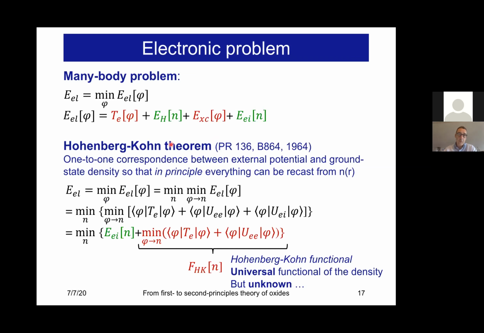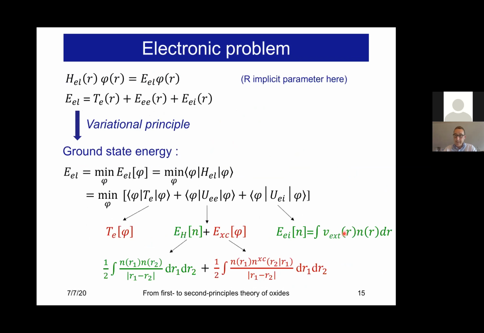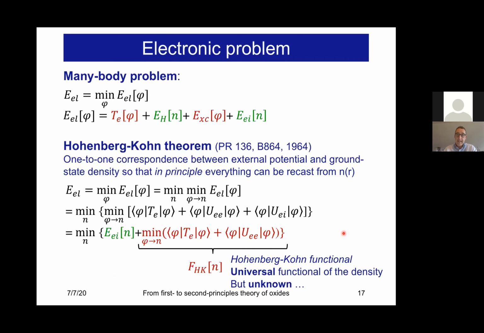1964, where I won't, of course, go through the demonstration of this, but what they were showing is that there is a one-to-one correspondence between the external potential in which the electrons are, so basically this Vx that is here, and the ground state density. So that, of course, when you fix the external potential, you fix your Hamiltonian. And when you fix your Hamiltonian, basically you define all the properties of the system.